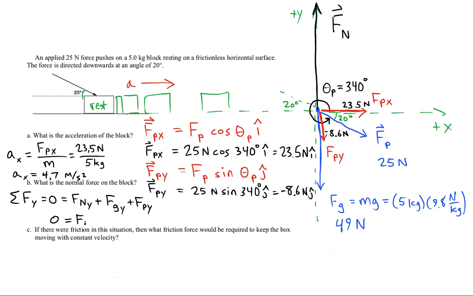We don't know what the normal force is, so we'll leave it as a variable. Fg will be negative 49 newtons, negative because it's down. Fpy is negative 8.6 newtons. If we solve that equation, we get 57.6 newtons. And that is going to be our normal force.